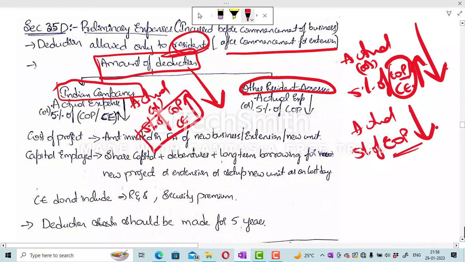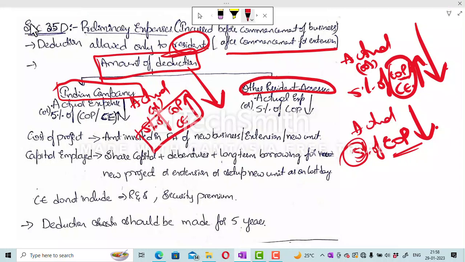What is the cost of project here? Whatever we have invested in fixed assets for starting a new business, or for a new extension or new unit, all that amount is called the capital cost of project. On that we can take 5%.